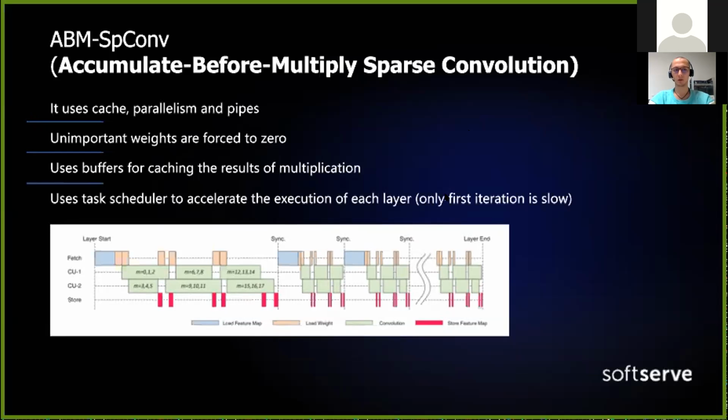What is more, they use on-chip memory to cache the results of multiplication. And in the output, if we use the same kernel for the image in different parts of this image, the numbers can be the same in different parts of the image. So in the result, we multiply the same numbers twice or three, four times.